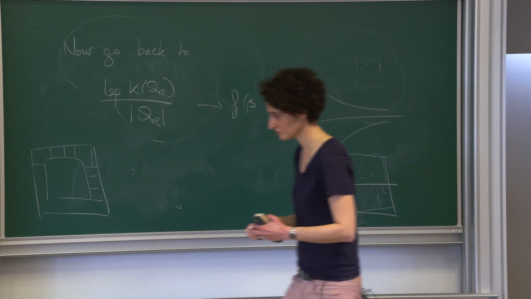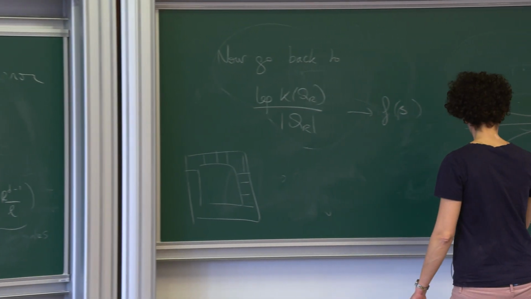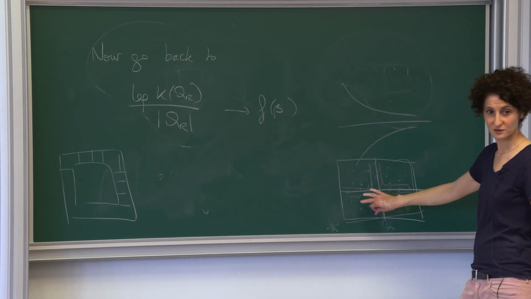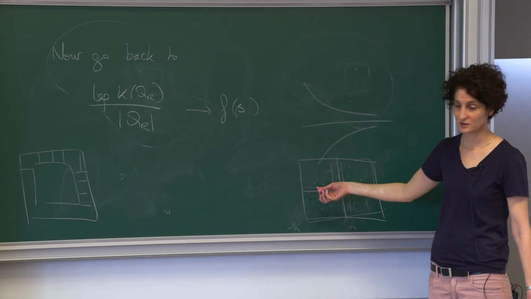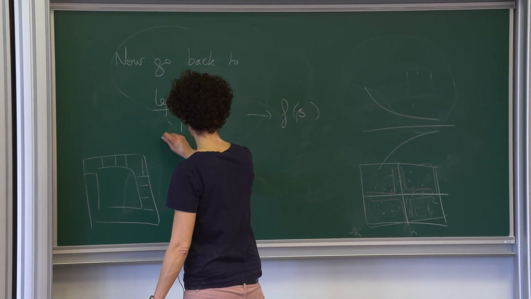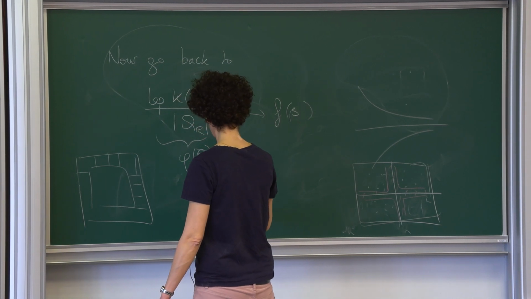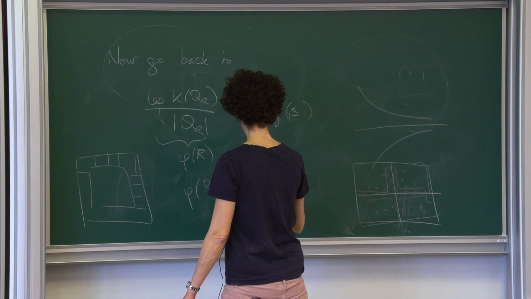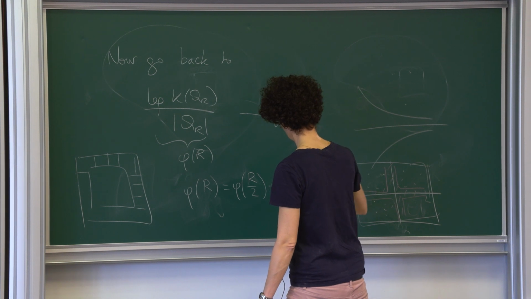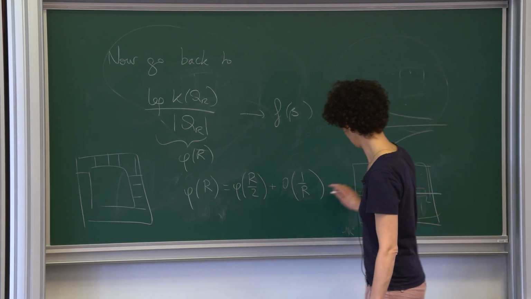But I can screen, change my configuration here, here, here, and I know how much error I will make. So basically, if I call that phi of r, you will find that phi of r is equal to phi of r over 2 plus a little o, actually an O of 1 over r. So this is by screening.